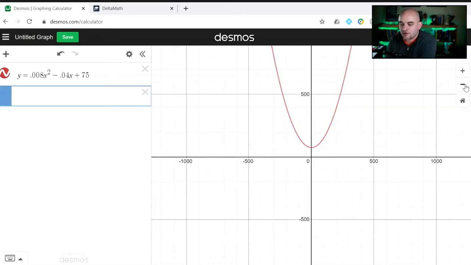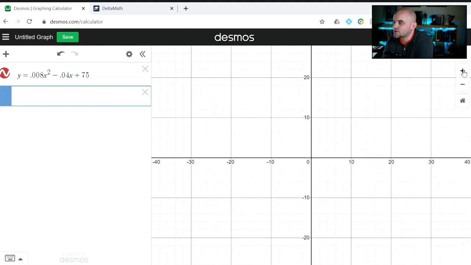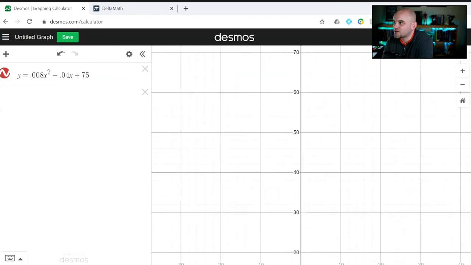Now, take a look here at the graph just so we can get a visual. I know when we put these decimals in here, it's kind of hard to visualize the graph sometimes. This is the graph, and I've zoomed it out quite a bit. Notice we got negative 500 to 500. That's the scale we're on. So our minimum value is somewhere down in there, and it should be at x equals 2.5. If we zoom in, it becomes kind of hard to see with this scale.